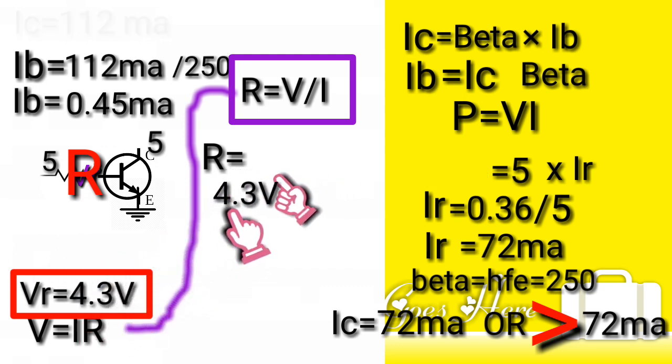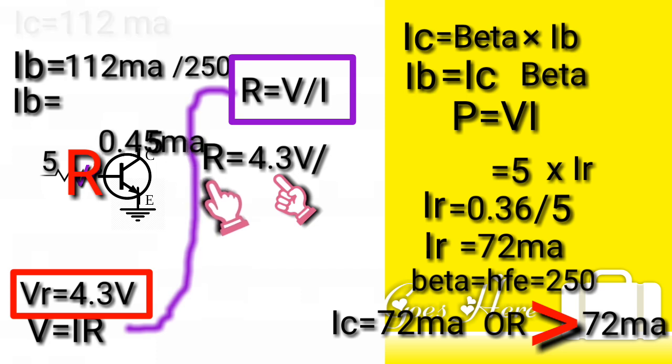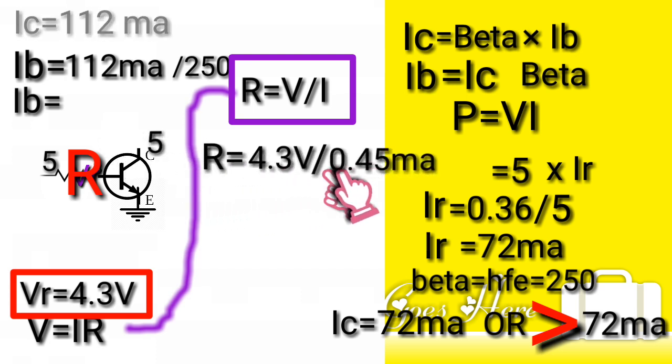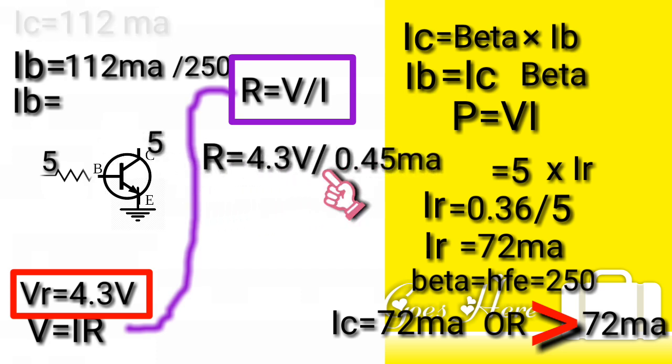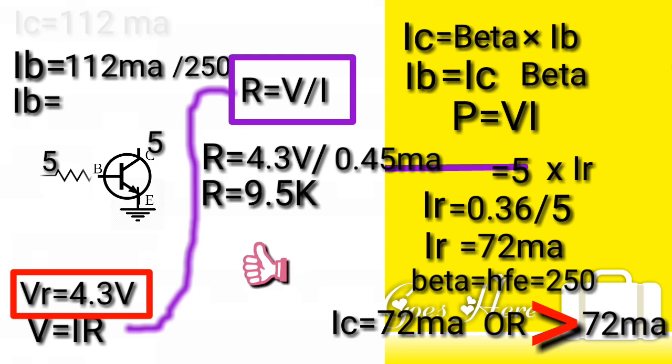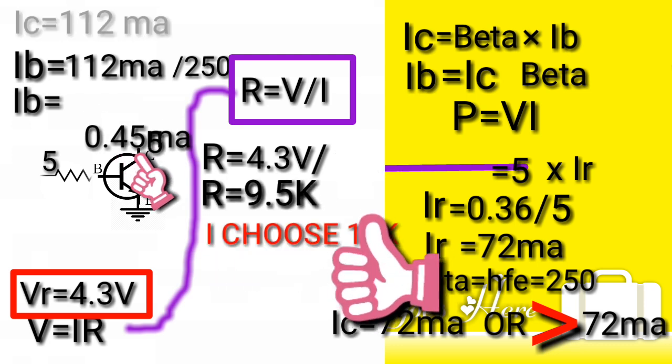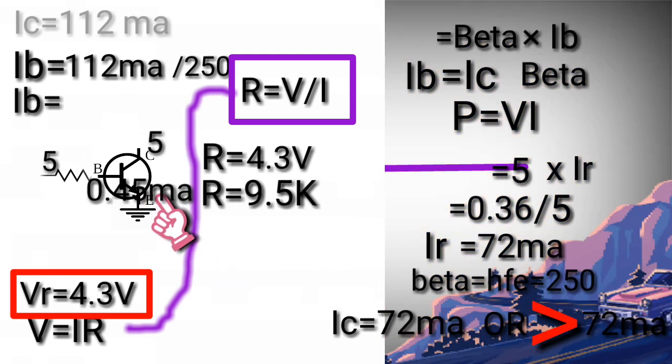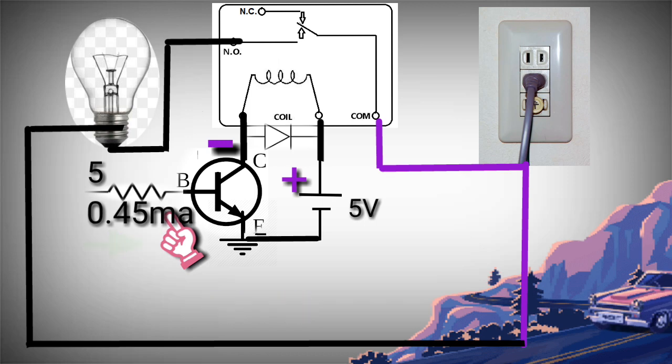R equals 4.3 divided by 0.45 milliamp. So, the resistance is 9.5 kilo ohms. If 9.5 kilo ohms is not available, you can choose a 10 kilo ohm resistor. So let's inject IB 0.45 milliamp to the base of the transistor.